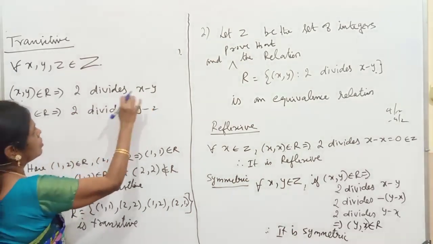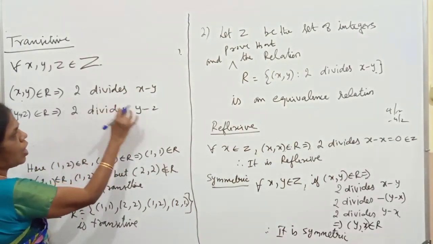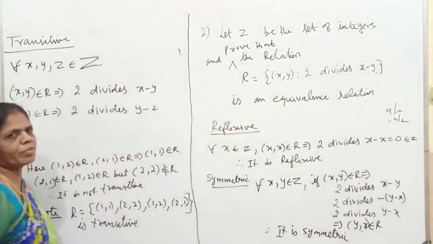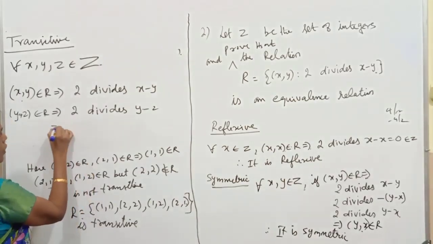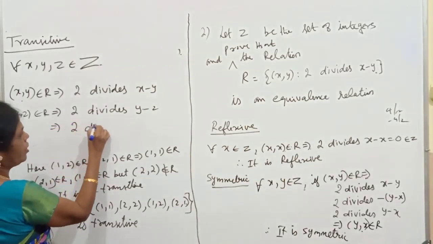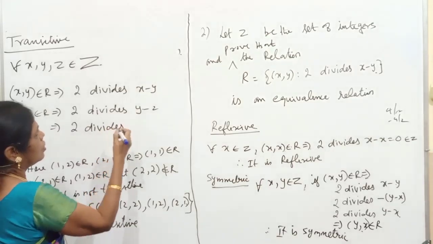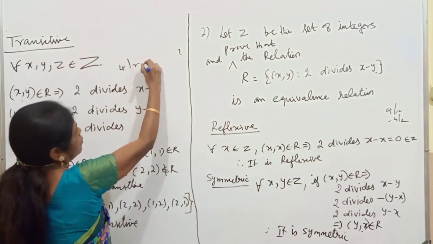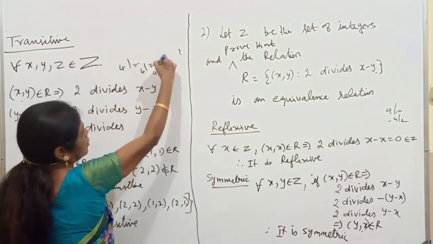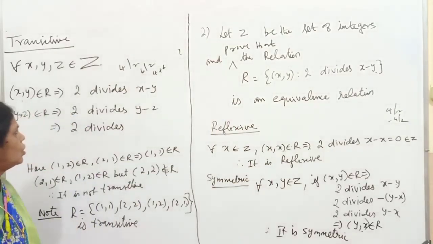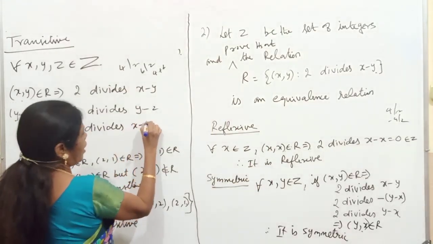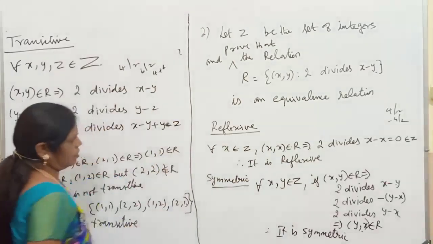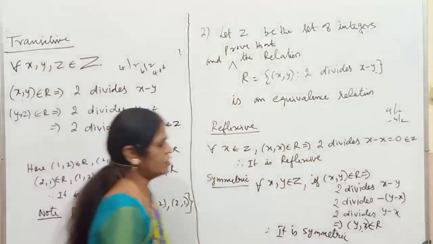Now listen, from these two we are going to frame a new statement. You know that this is divisible by 2 and this is also divisible by 2. The sum of these two also will be divisible by 2. For example, 4 is divisible by 2 and 6 is divisible by 2, so 4 plus 6, 10, is also divisible by 2. So 2 divides (x minus y) plus (y minus z).